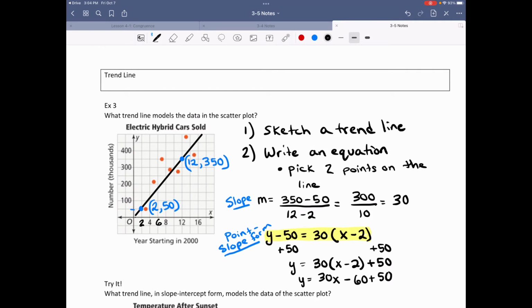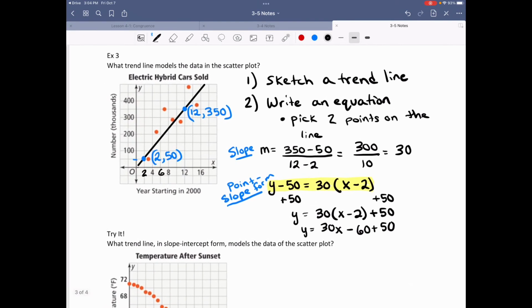I would combine the negative 60 plus 50, and that would become y equals 30x. Negative 60 plus 50 is negative 10. And that is in slope-intercept form. And it's good for you to practice this algebra anyways. Slope-intercept form.